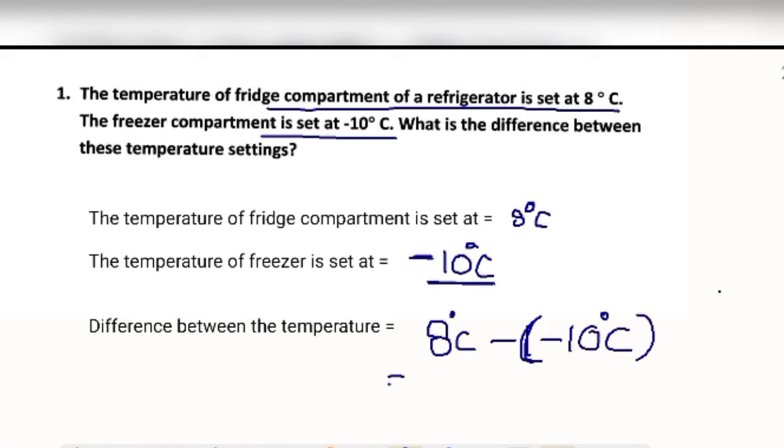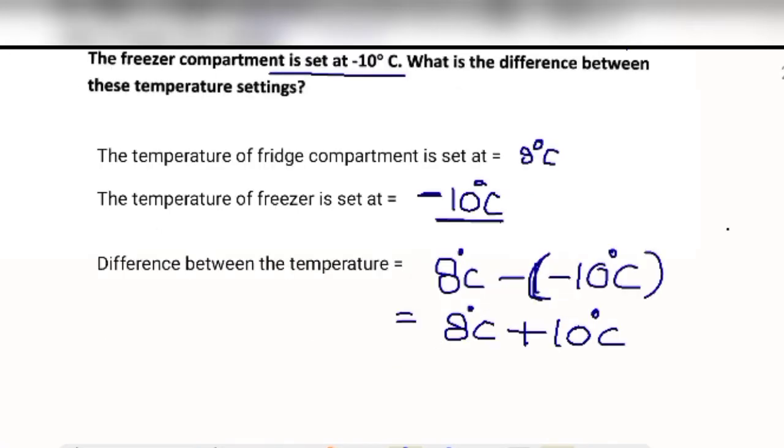Now open the bracket: 8 degrees Celsius plus 10 degrees Celsius, which is 8 plus 10 is 18 degrees Celsius. So the difference of the temperature of these two settings is 18 degrees Celsius, which is your answer.